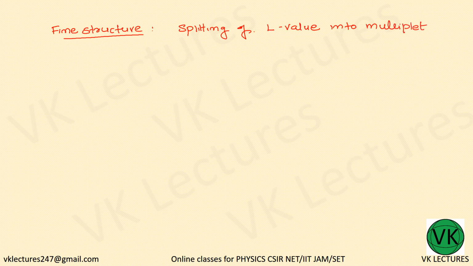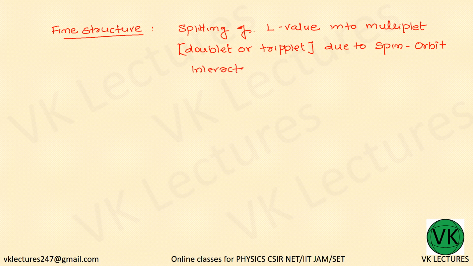That is, it can be either doublet or triplet, due to the spin orbit interaction. Okay, so this is basically due to LS coupling. So the L value is being split into two states. So this particular splitting is called fine structure.